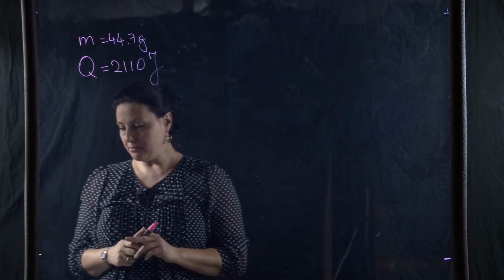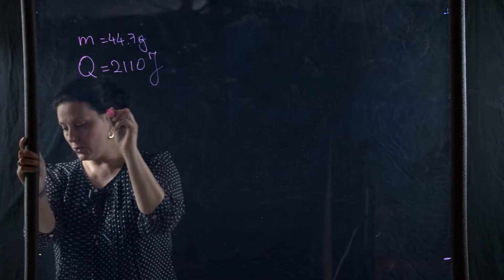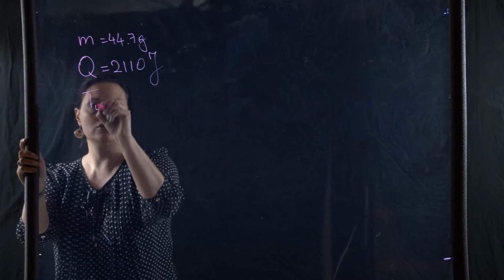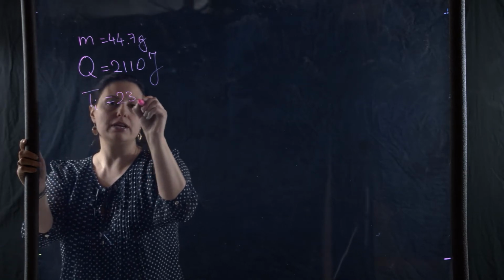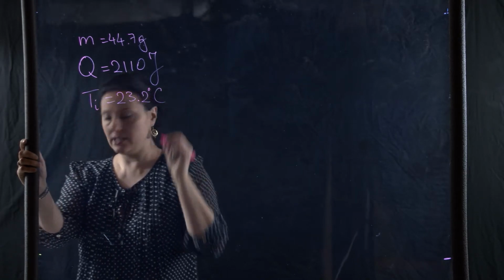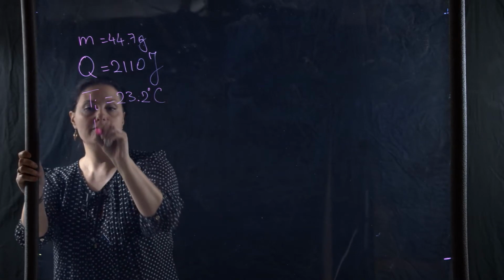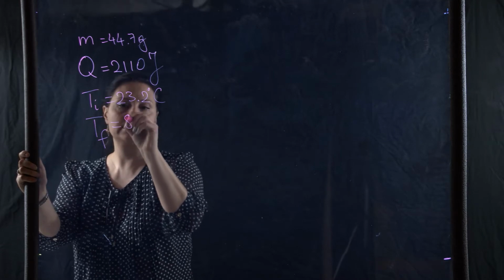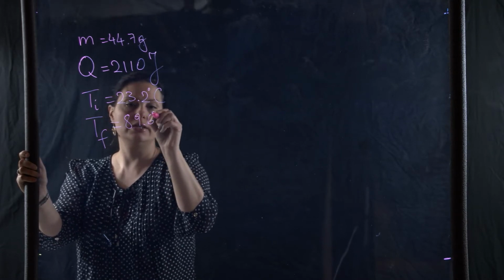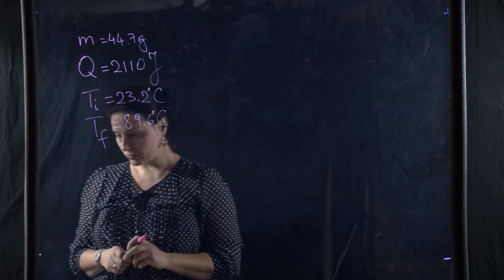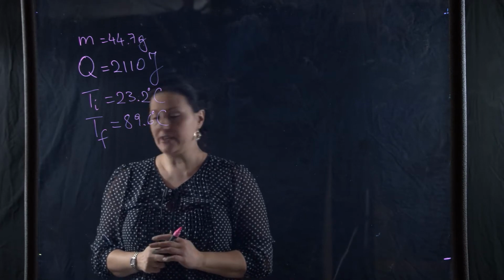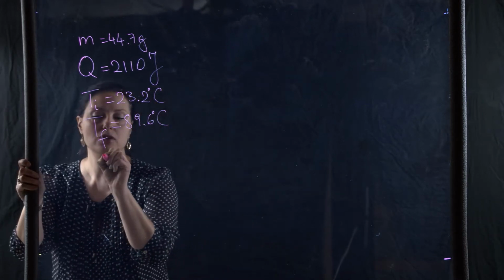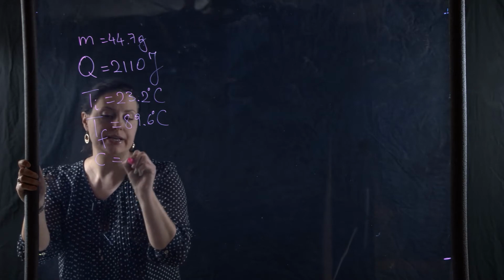To increase its temperature from 23.2, so that's my initial temperature, to a final temperature of 89.6 degrees Celsius. What is the specific heat of the substance? I need to find the little c. What is c?